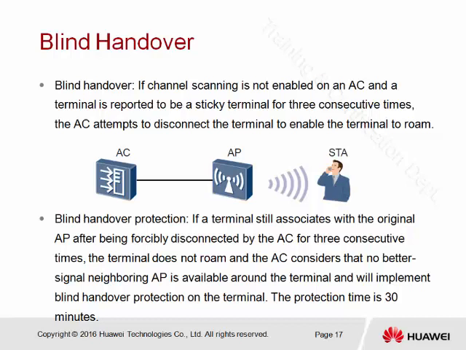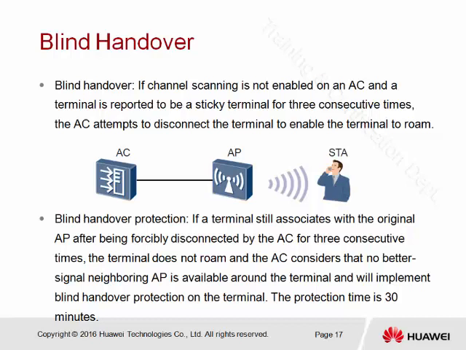This happens when the channel scanning is not enabled on the AC, and the terminal is reported as a sticky terminal. So right now it is connected through one of the APs inside the network. For 3 consecutive times, the AC will attempt to disconnect the terminal to enable the terminal to roam.